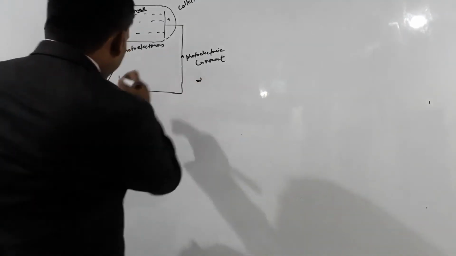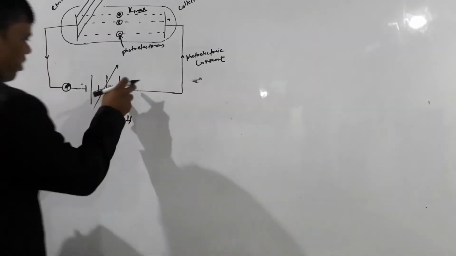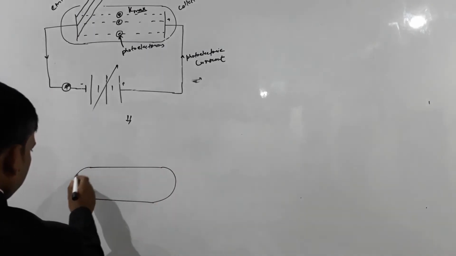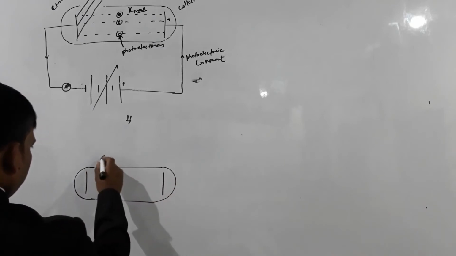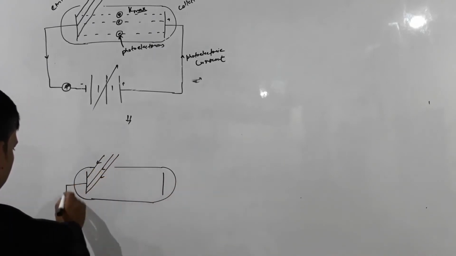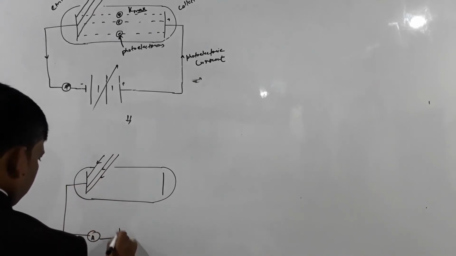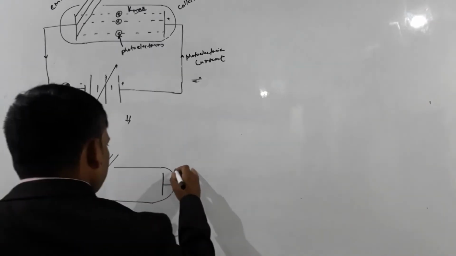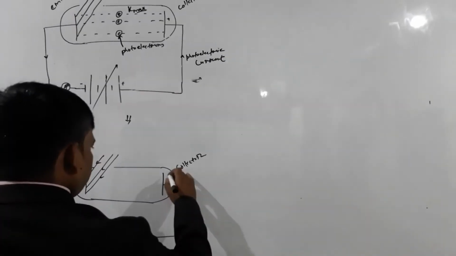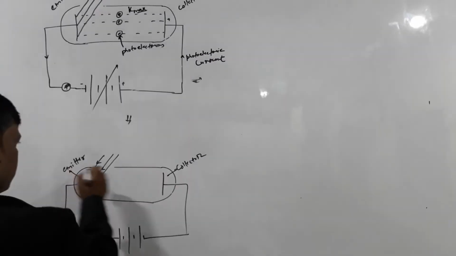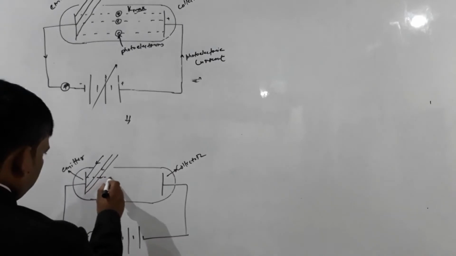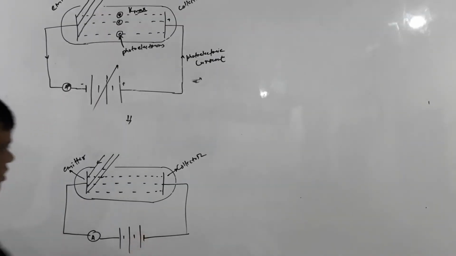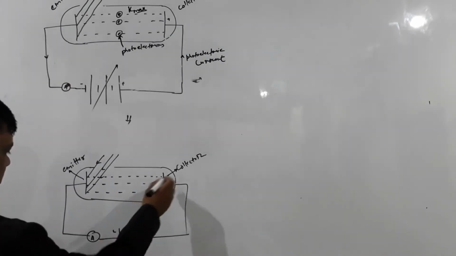Now if we reverse the polarity of the battery as shown in the figure, then since the collector is now connected to the negative terminal of the battery, it means it is negatively charged.